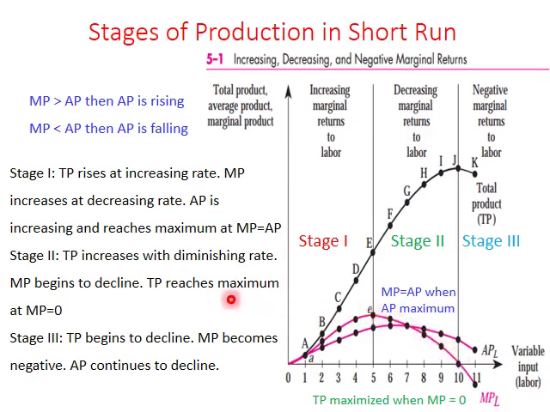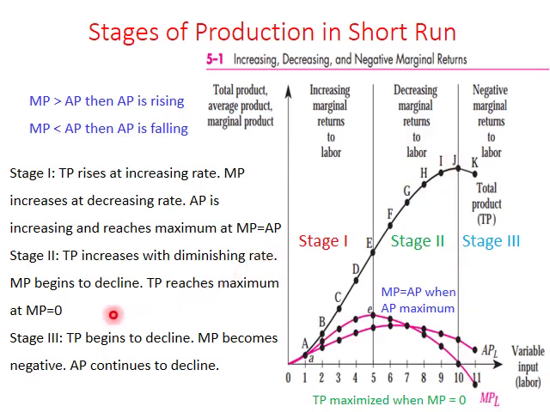Total product reaches its maximum point when the marginal product reaches 0. As the marginal product equals 0, the total product reaches its maximum point.